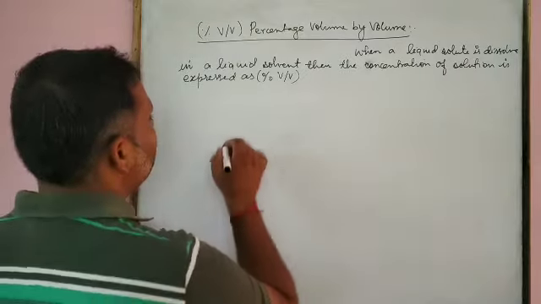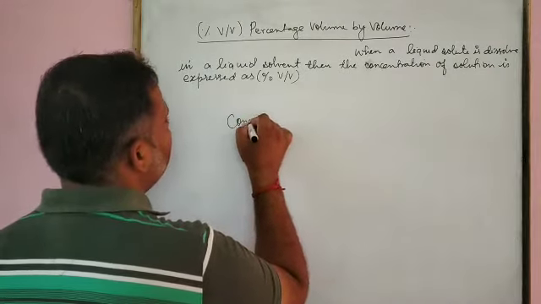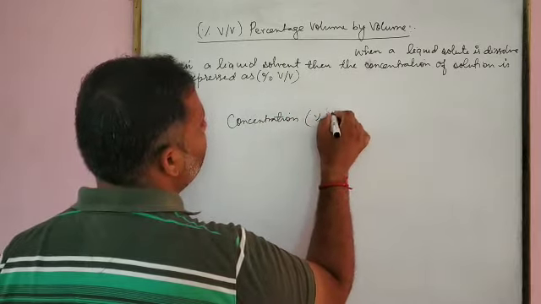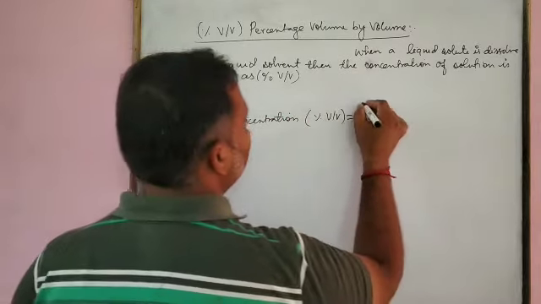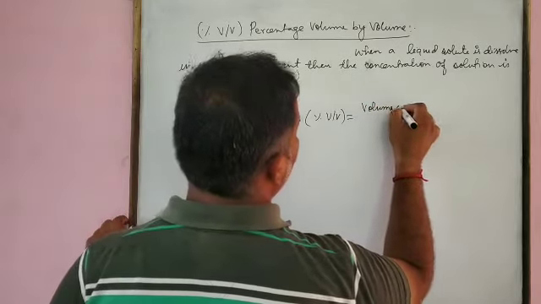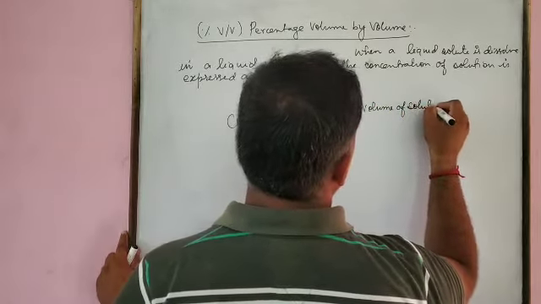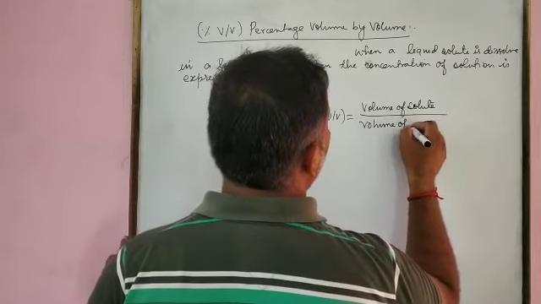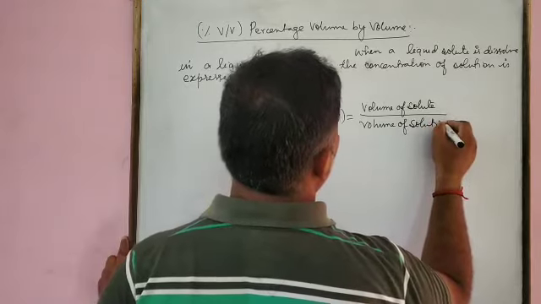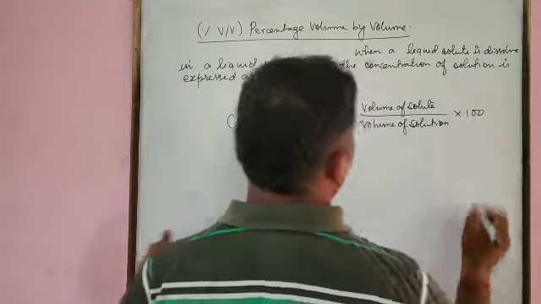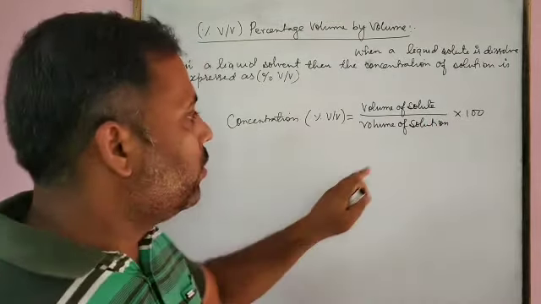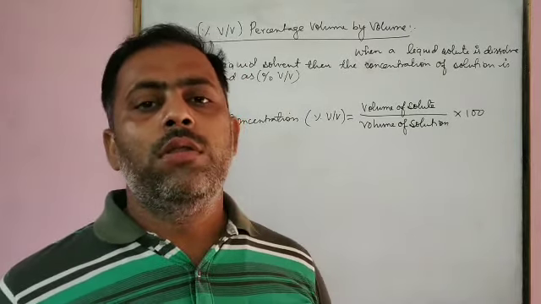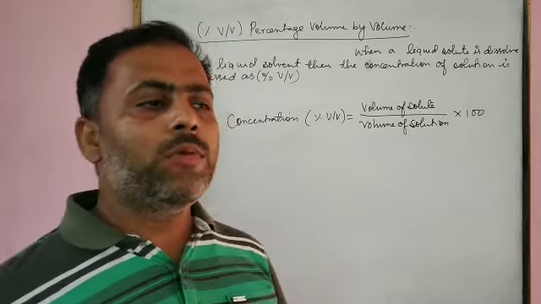It means the concentration, percentage V by V, is equal to the volume of solute divided by the volume of solution, multiplied by 100. We know the volume of solution contains the volume of solute plus the volume of solvent.